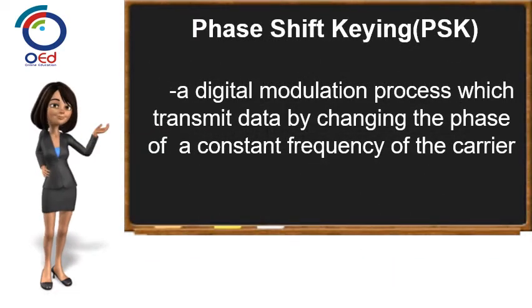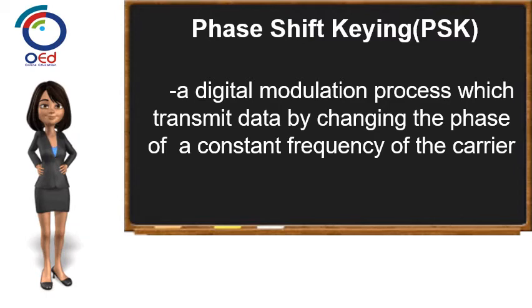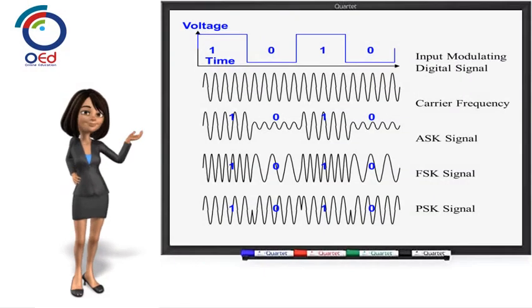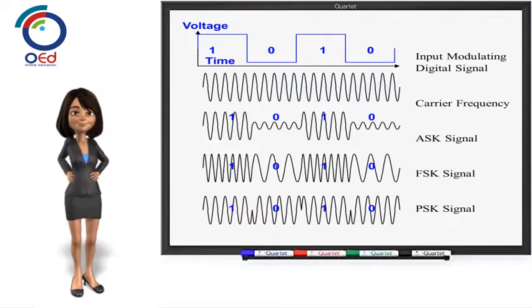Phase shift keying, or PSK. It is a digital modulation process which transmits data by changing the phase of the constant frequency of the carrier. Let's take a look at this chart, the PSK signal at the bottom.